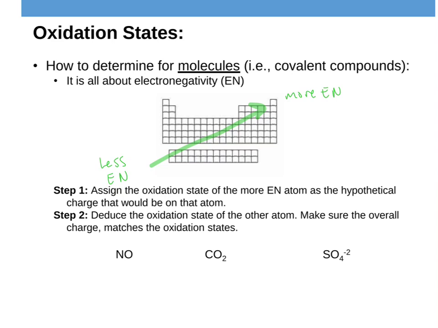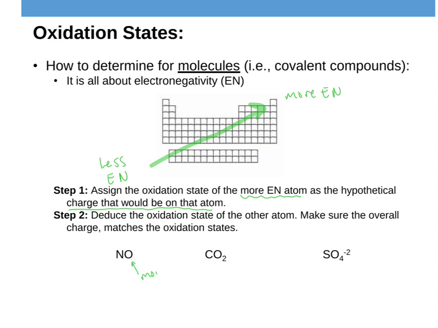So for molecules, we have 2 steps. The first thing you want to do is assign the oxidation state of the more electronegative atom, whichever atom is more electronegative, and then you assign the charge that would be on that atom in that ion. For example, I have nitrogen and oxygen.